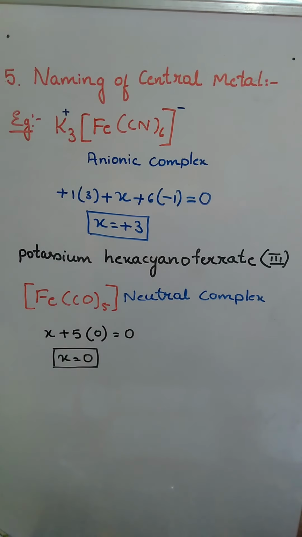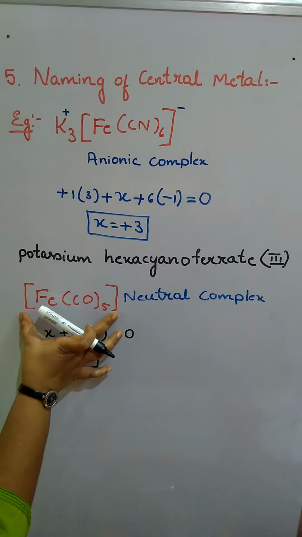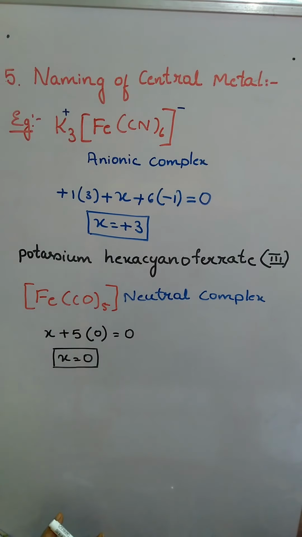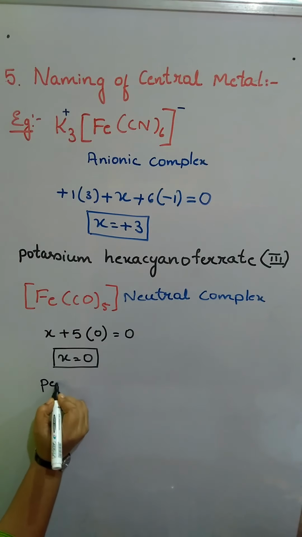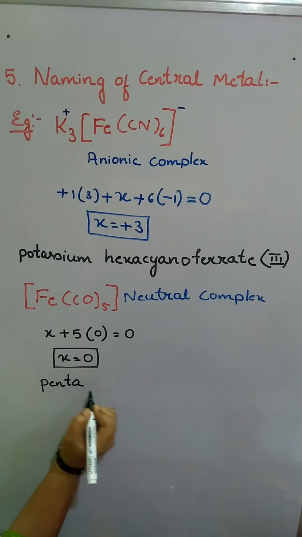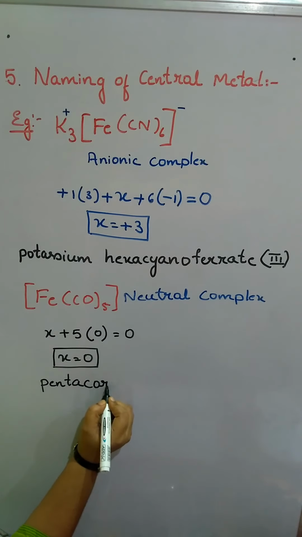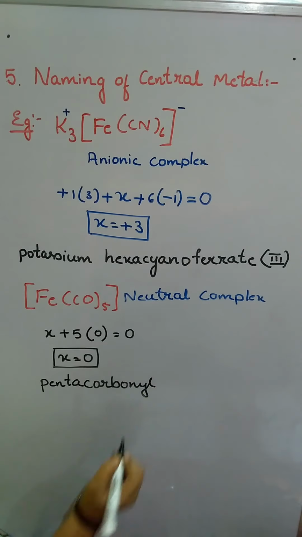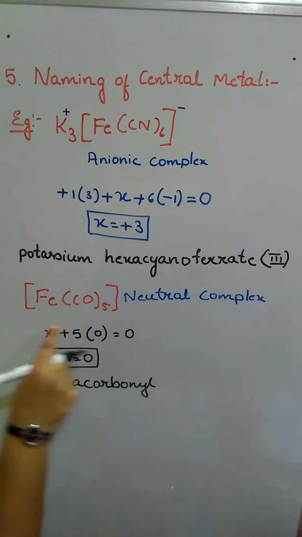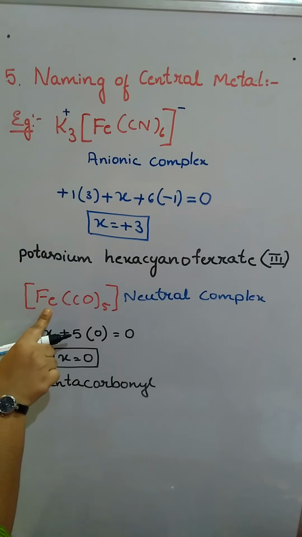So the name we should write. It is a coordination sphere, so the ligand name will come first. How many ligands are there? 5 ligands, so the numerical prefix will be penta, and it is carbonyl. Pentacarbonyl. For a neutral complex, there is no change in the name of the metal.